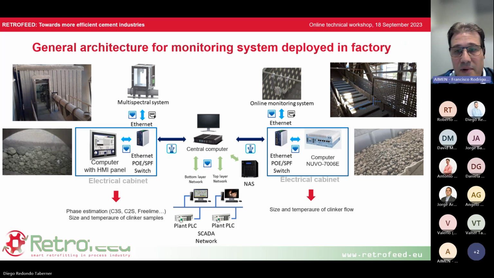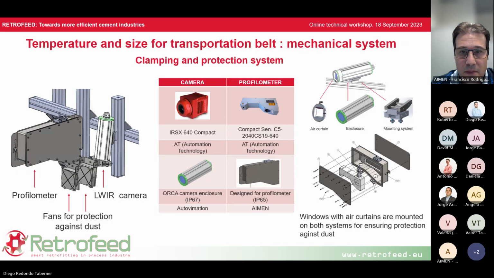The system installed on the transportation belt is composed of a profilometer and a thermal camera, and the system that will be installed in the conveyor pipe is composed of a SWIR camera. I will give more details about what kind of technology has been selected.